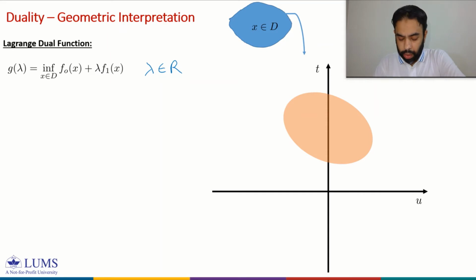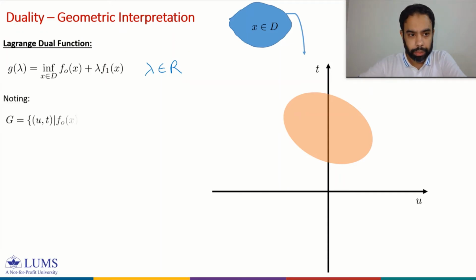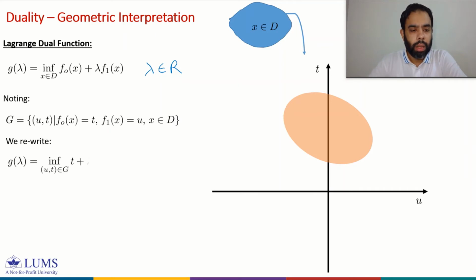Okay, since we used t to denote f naught of x and u to denote f1 of x, let me substitute this in the formulation of the Lagrange dual function. What we obtain is g of lambda as the infimum of t plus lambda u, and instead of taking the infimum over the domain of the problem, we take the infimum over this set G in the ut plane.